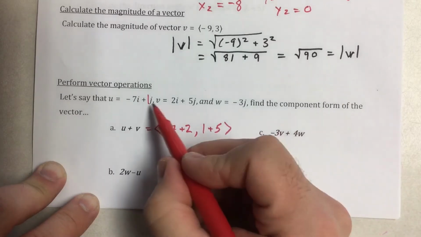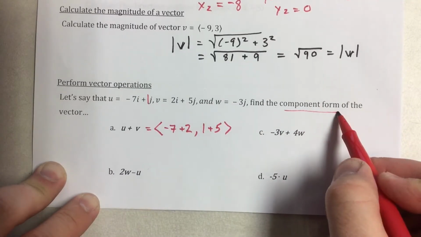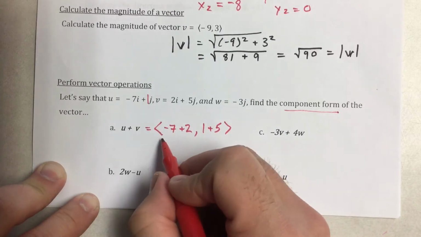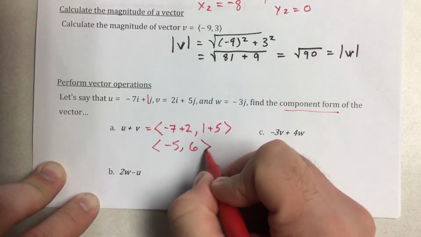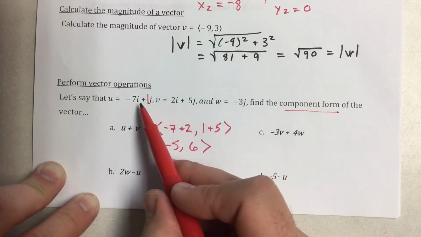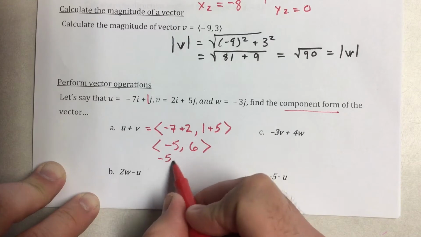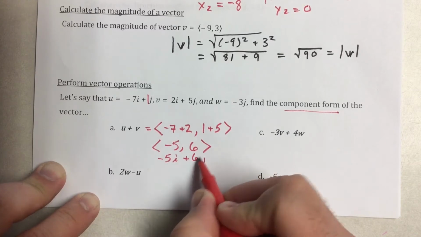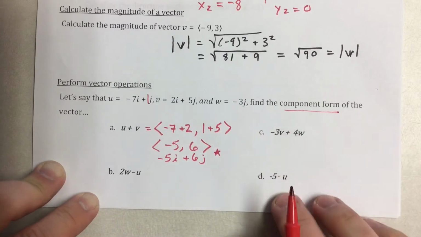We have i's and j's here, but they want the component form, so that would be negative 5 comma 6. If I wanted the linear combination form, it would be negative 5i plus 6j, just so we know how we would do that.